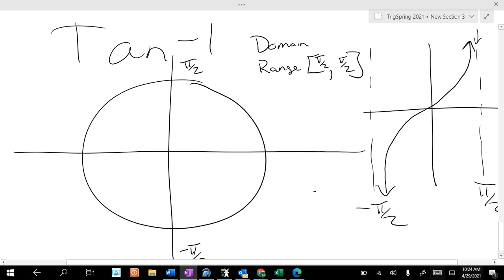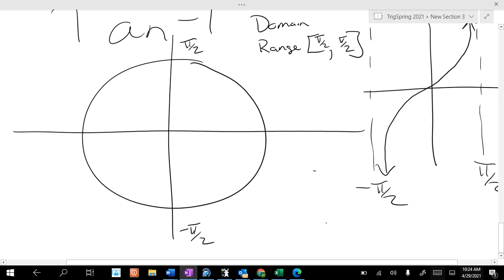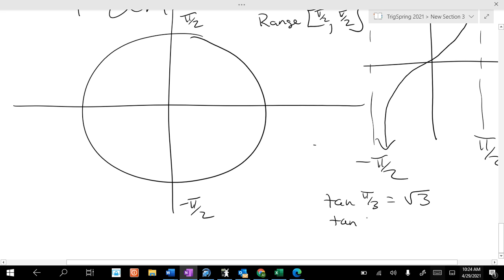Now, let's take the normal tangent of pi over 3. What does that equal? That equals square root of 3, basically, right? Square root of 3, which is 1.7 something. Let's take the tangent, and this is not on your unit circle, but let's say we take the tangent of 7 pi over 16.